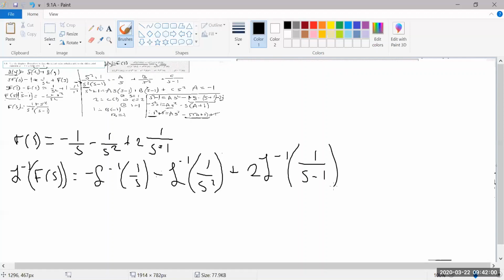Okay, so the inverse Laplace transform of f of s is just going to be y of t.